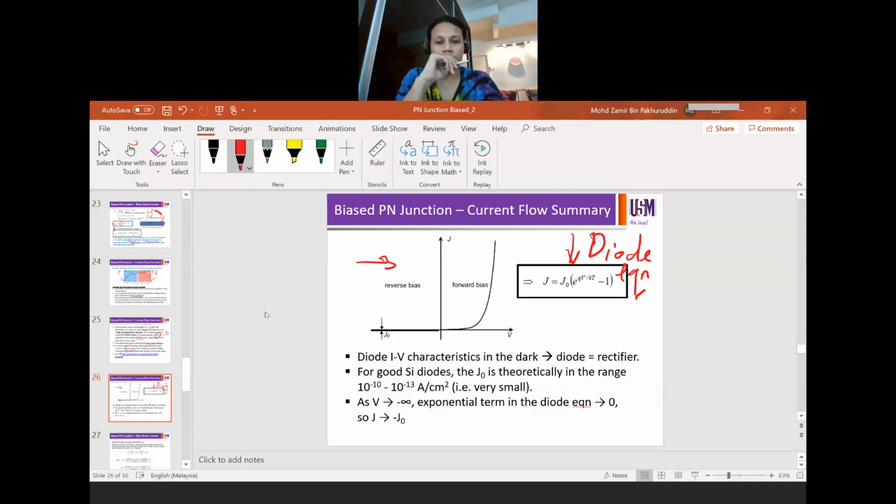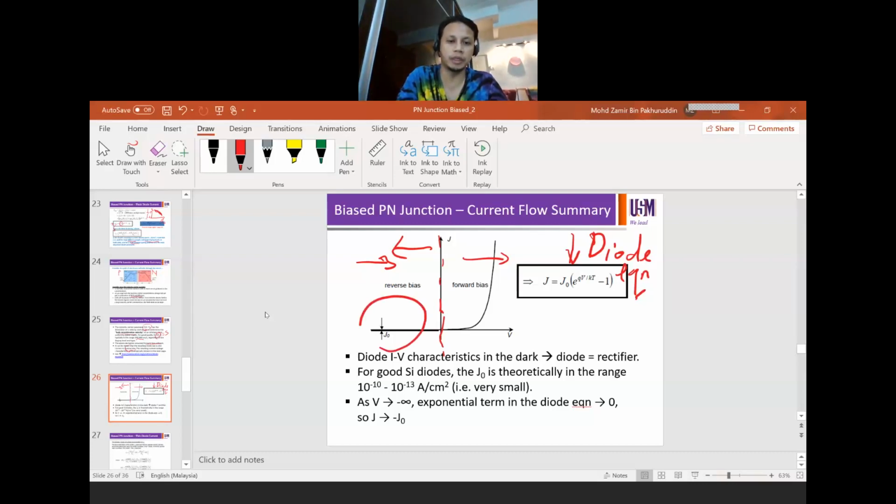You can now see the forward bias is on the right hand side, and reverse bias on the left hand side. The curve changes exponentially on the right, but it barely changes on the left. But on the left, you can see a small value of negative J naught.